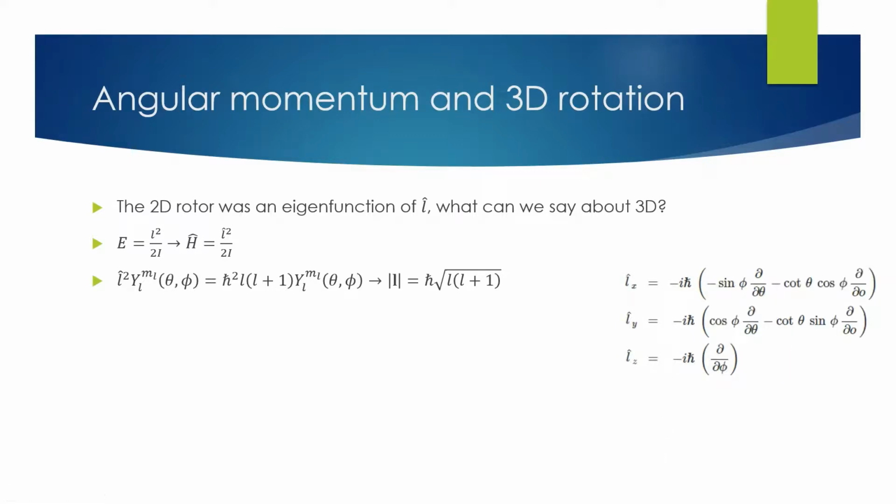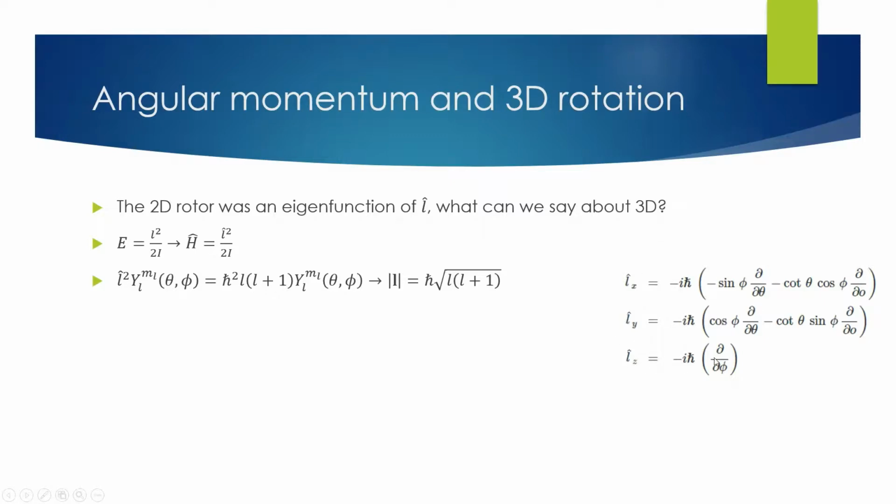And what you might be able to notice right off the top of your head is that this L sub z is much more compact than the other two. And I want to stress that there's not really a reason why L sub z is chosen, right? I mean, it's arbitrary. But what this does show is that we can't know all of the components of the orbital angular momentum. You could try to show this, or you could just take my word for it, that Lx and Ly do not commute with L squared and the total energy operator.